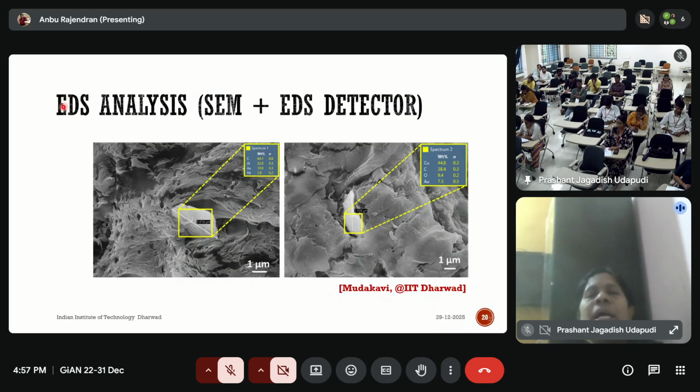You have to buy it additionally and attach it to the machine. These detectors can help measure the composition of any feature or over an area. You have to select the area, go to the EDS mode, select the region and click on it. You will get the composition from that region.